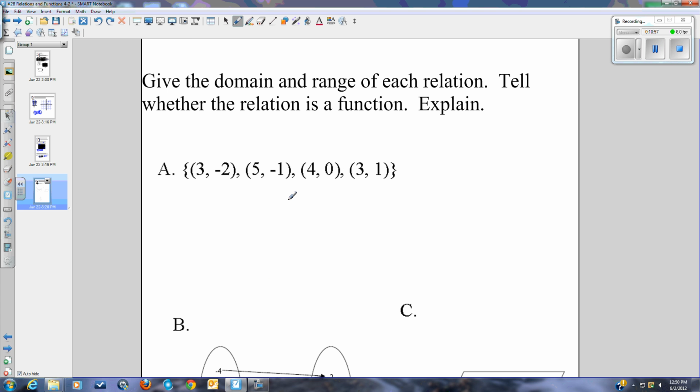Let's go on to the next page. Give the domain and range of each relation. Tell whether the relation is a function and explain.